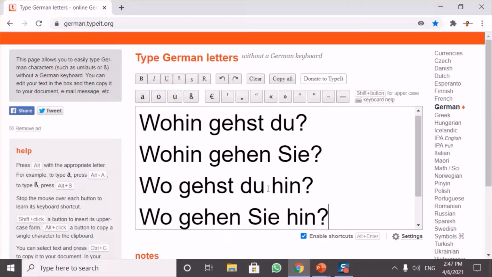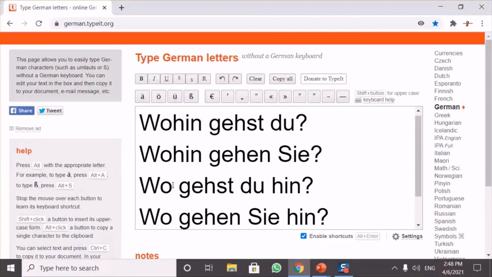Wo gehst du hin? Wo gehen Sie hin? Now the questions wohin gehst du and wo gehst du hin mean the same. In the same manner, wohin gehen Sie and wo gehen Sie hin mean the same as well.